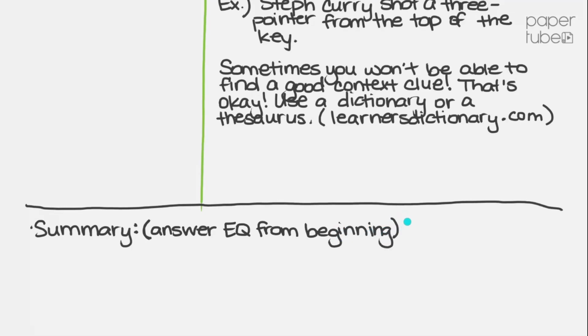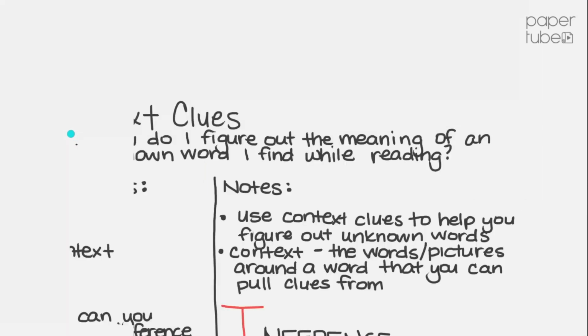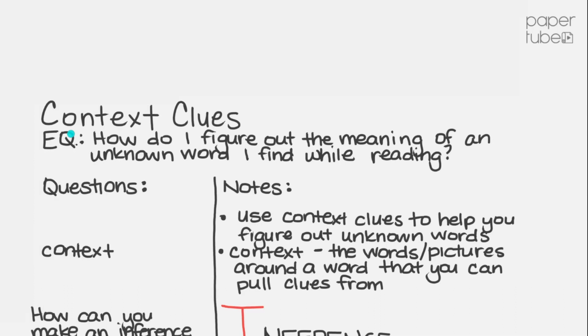So just a reminder of what our EQ was. The EQ, or the essential question, was how do I figure out the meaning of an unknown word I find while reading? So I should be trying to answer that question when I start writing my summary.